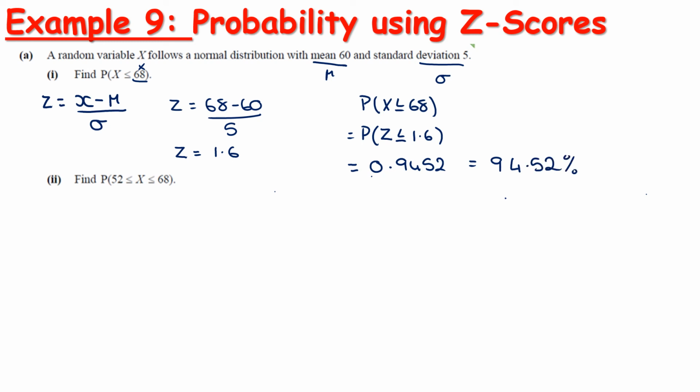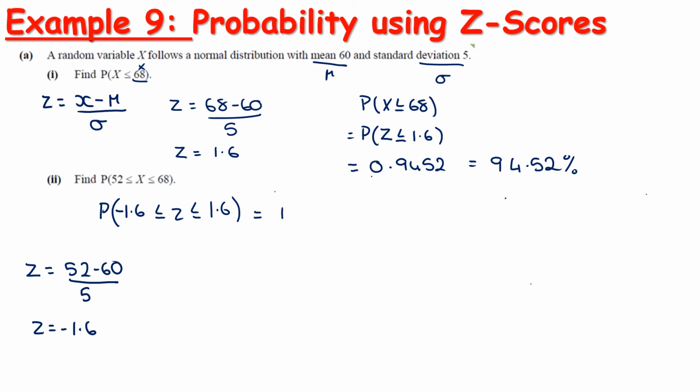Find the probability that x is between 52 and 68. So we've done the 68 part, where we got a z-score of 1.6. So we're going to do our standardizing formula again. Our x is 52, mu is 60, over standard deviation 5, and this works out as minus 1.6.